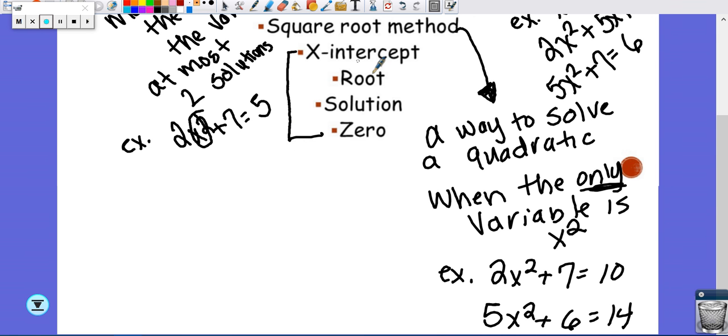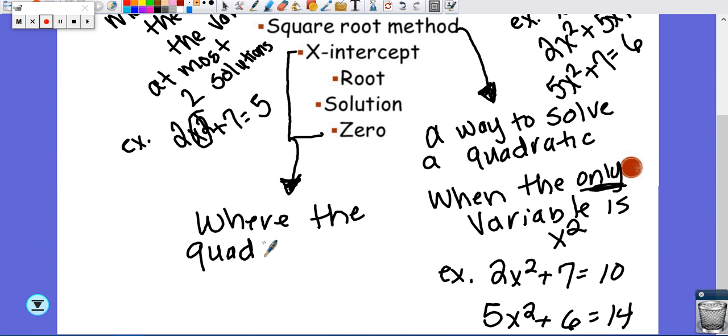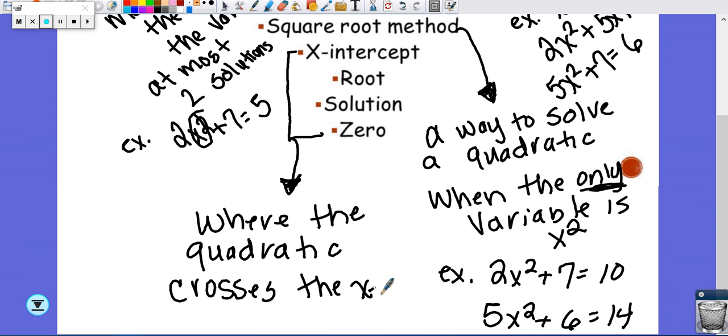All right, these next four words, x-intercept, root, solution, zero, they all mean the same thing. It's where the graph crosses the x-axis.